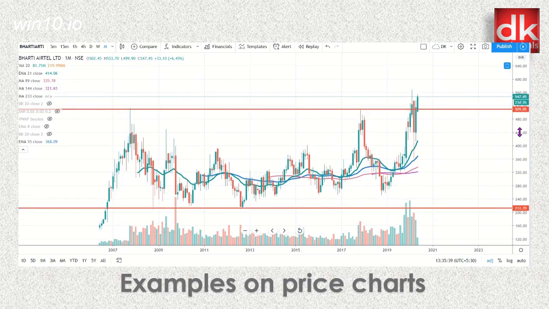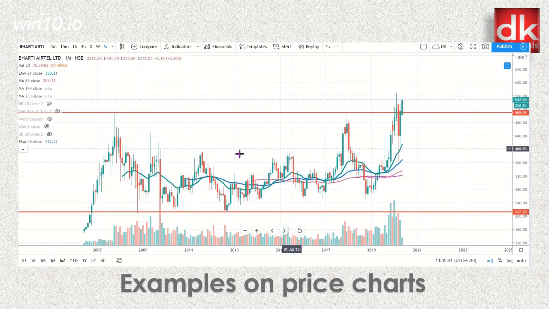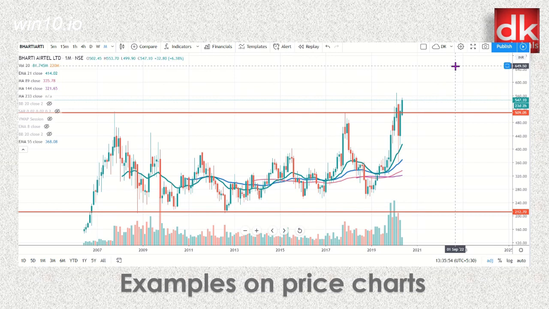But it is looking imminent that it is likely to break. It started falling from 2007. So friend, if it breaks out at this point of time, that means it has taken almost 12-13 years to form this kind of reversal pattern.